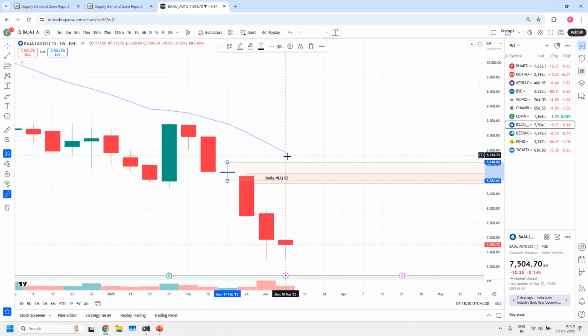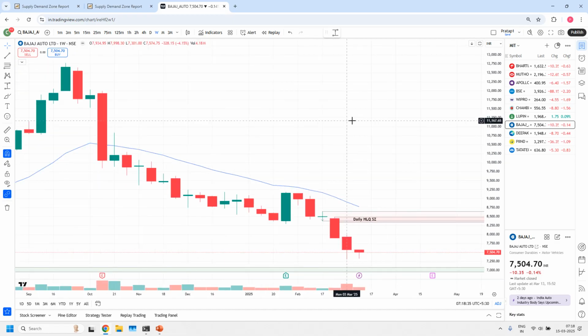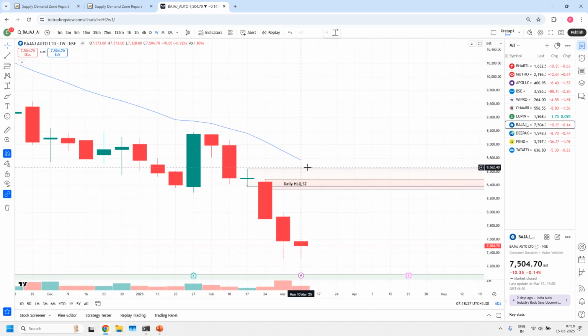And EMA is coming almost near. But if the gap is within the buffer our software is using, probably it will filter. Suppose if the gap is a little bigger, this won't be listed as weekly EMA confluence. So it is coming close to the zone, but is it good enough to consider EMA confluence? That we will see later when we generate.